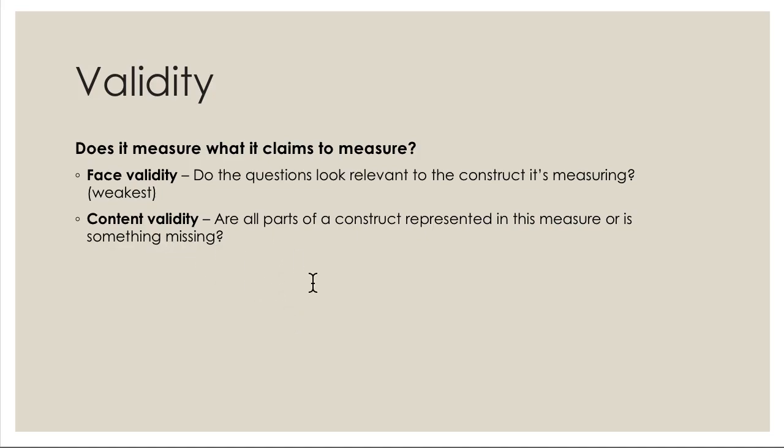Content validity. So are all parts of the construct represented? In my studies of interest, they typically divide interest into affective components, like emotion, but also value components, so how important something is, and cognitive also plays a part. So I need to make sure when I'm looking at a specific interest scale that they have components of both the affective quality as well as the value quality.